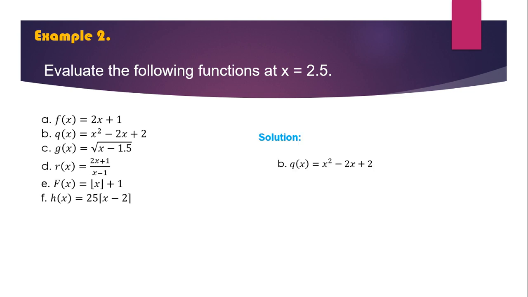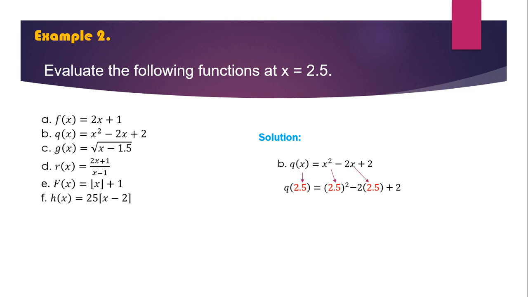So letter B, q of x is equal to x squared minus 2x plus 2. Same step, we're just going to substitute the value of x, which is 2.5. So it becomes q of 2.5 is equal to 2.5 quantity squared minus 2 times 2.5 plus 2.